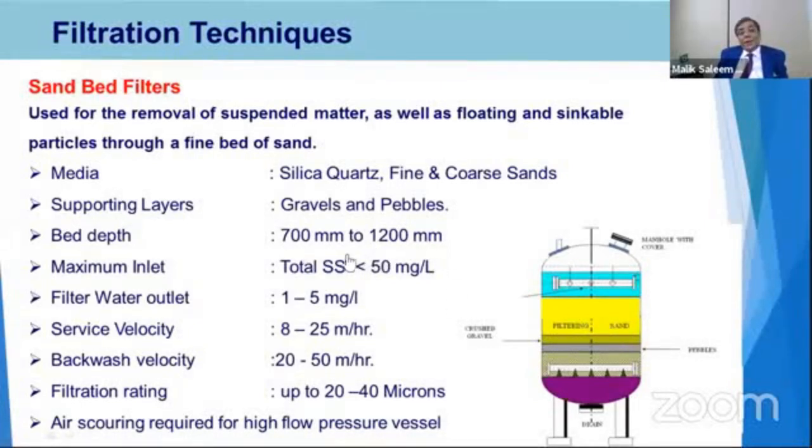The bed depth is around 700 to 1200 mm, and the filtered water outlet has 1 to 5 milligrams of suspended solids. We cannot remove 100% of the solids, and the filtration rate depends on what micron size of particles we have at the inlet.